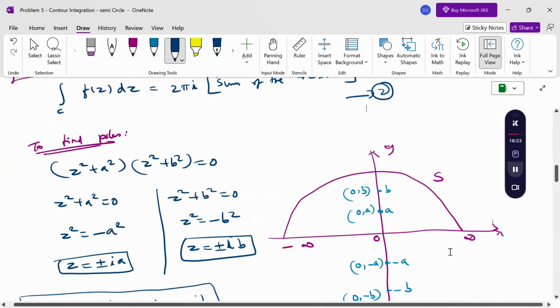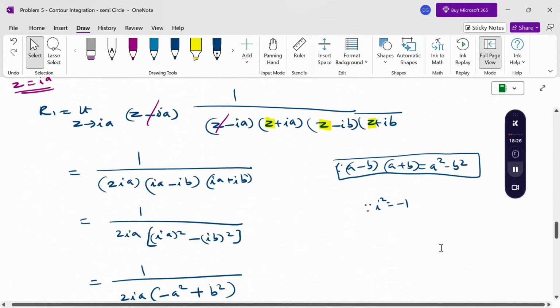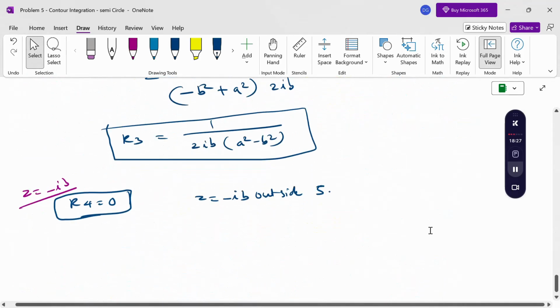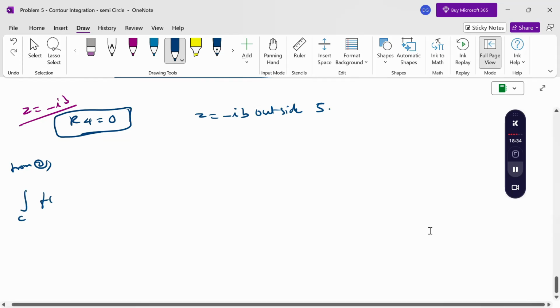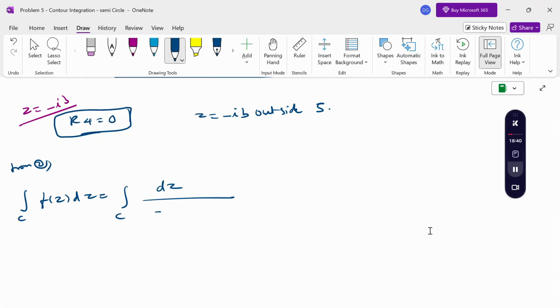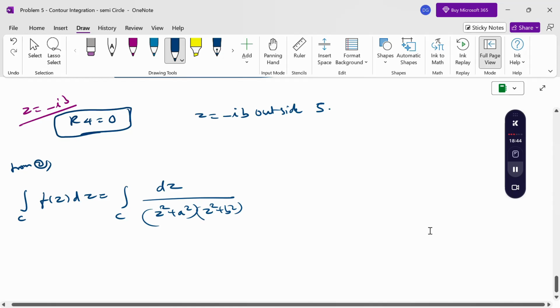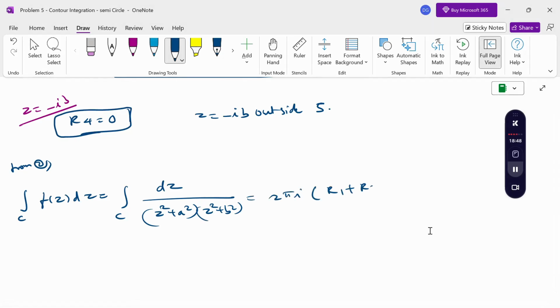So from 2, integral over C of f of z dz, that is integral over C of dz by (z square plus a square)(z square plus b square), equal to 2 pi i into the sum of residues r1, r2, r3, r4.